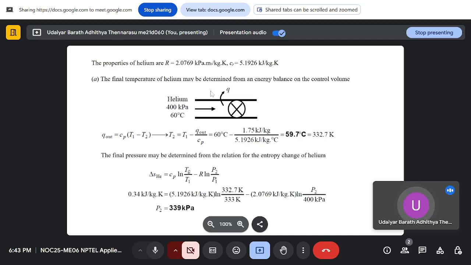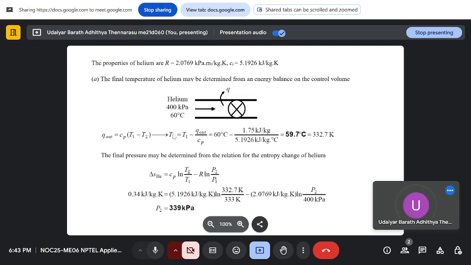When we apply the steady flow energy equation, energy coming in equals energy going out, because nothing is accumulated in the system. So energy coming in is m dot into h1, which equals q plus m dot into h2. So q is m dot (h1 minus h2). Enthalpy can be written as Cp into T, so q is Cp into (T1 minus T2).